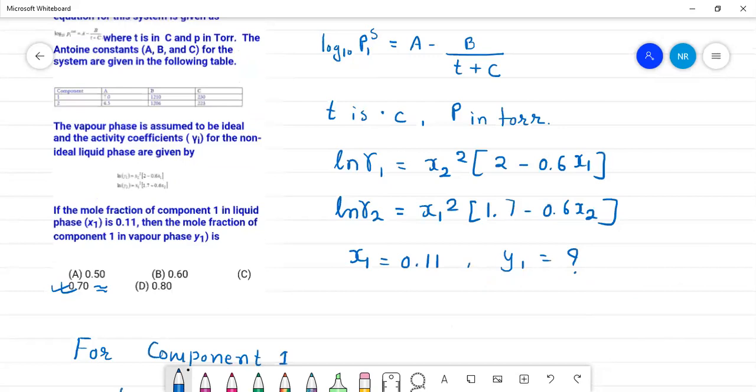Okay, so let's calculate another example like this. Let me share another example.